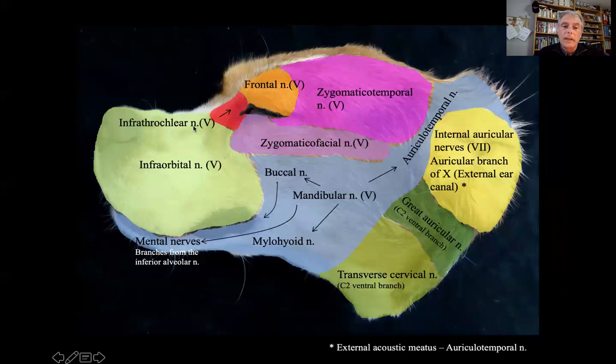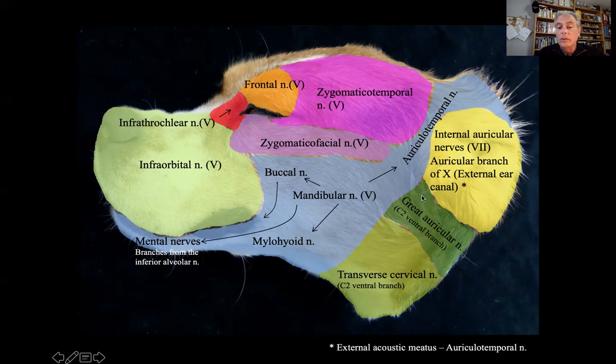So this is a map of the head of a dog. And as you can see, most of the skin is sensory innervated by the trigeminal nerve. There are exceptions. One is that the ventral portion of the neck is innervated by a branch of the second cervical spinal nerve, that is the transverse cervical nerve.